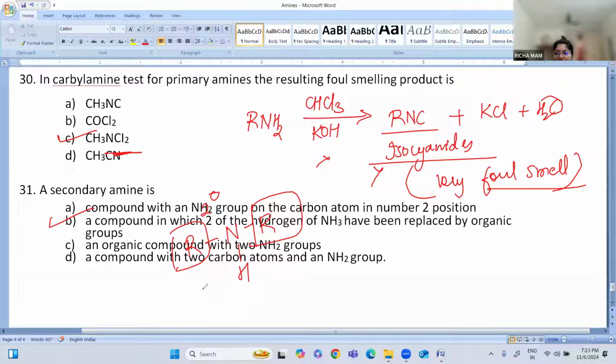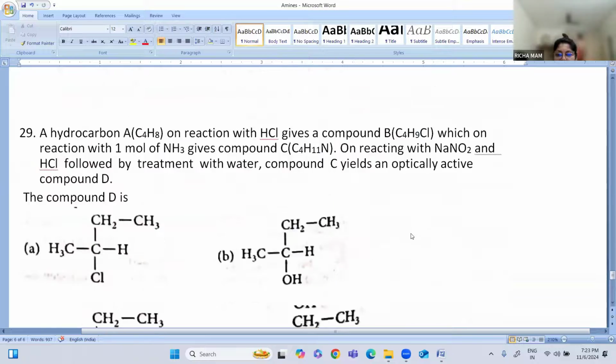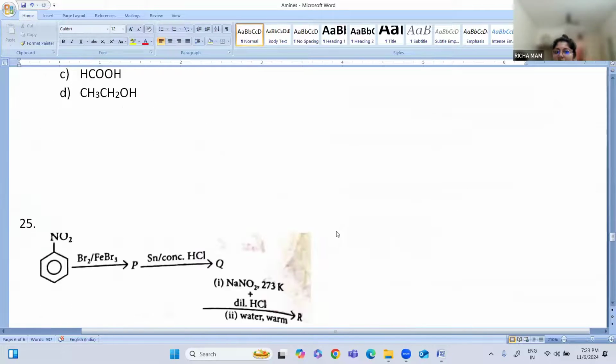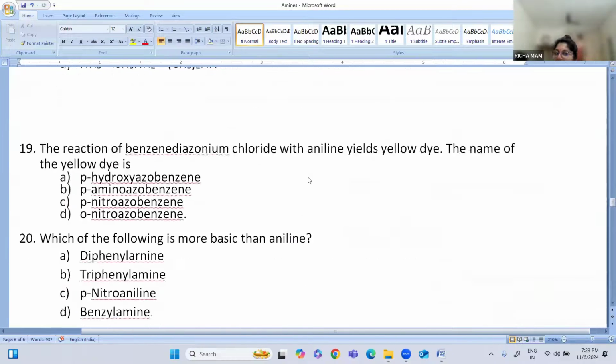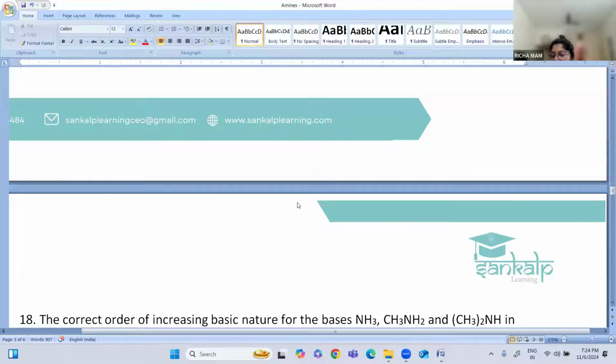Fine, got it? So these were some of the questions on the chapter amines. This completes your chapter amines. Any doubts? Very easy, very scoring topic, amines. Very important name reactions are there, and all the name reactions are very important.